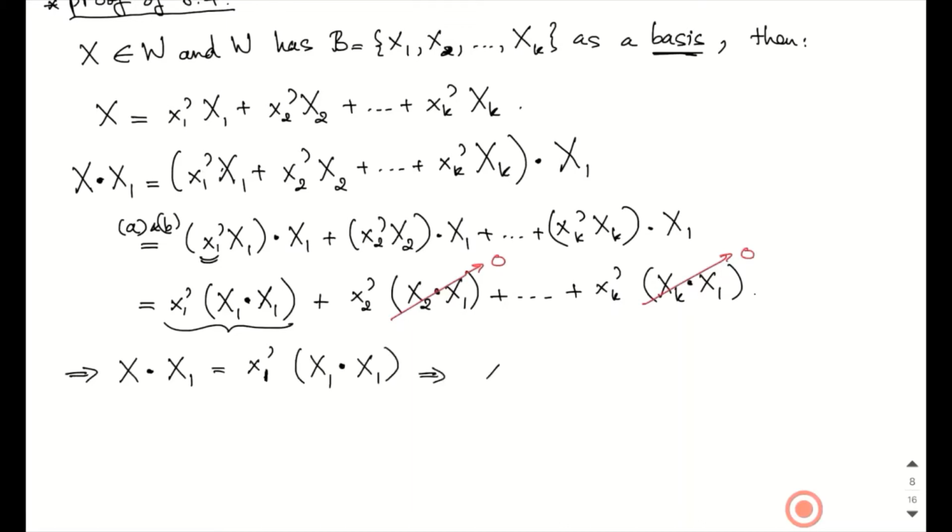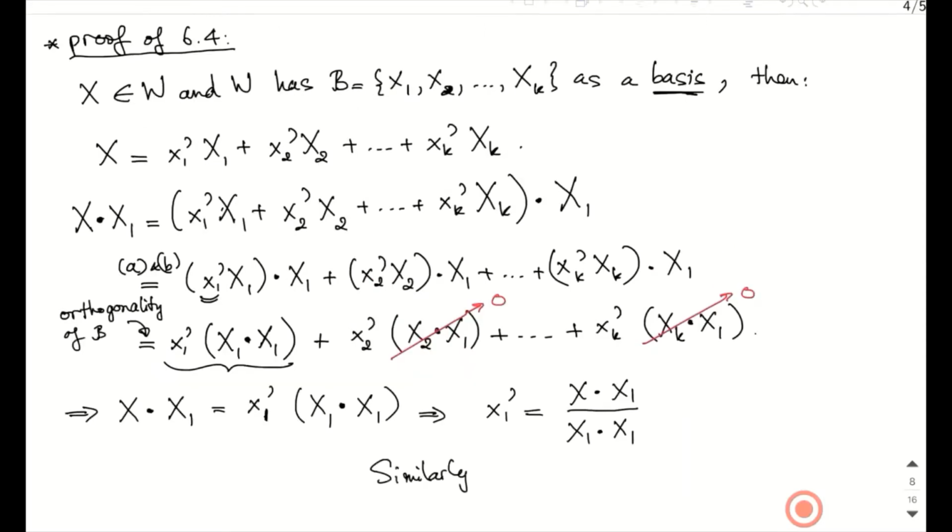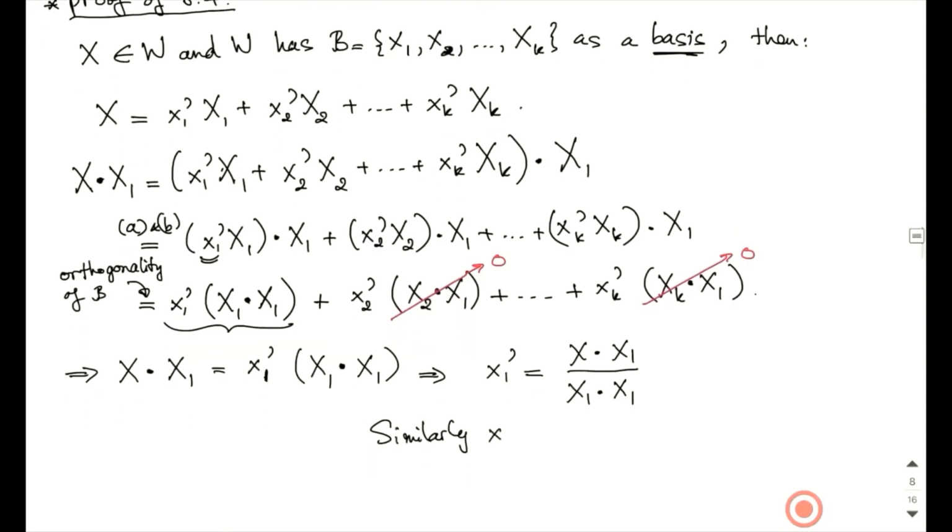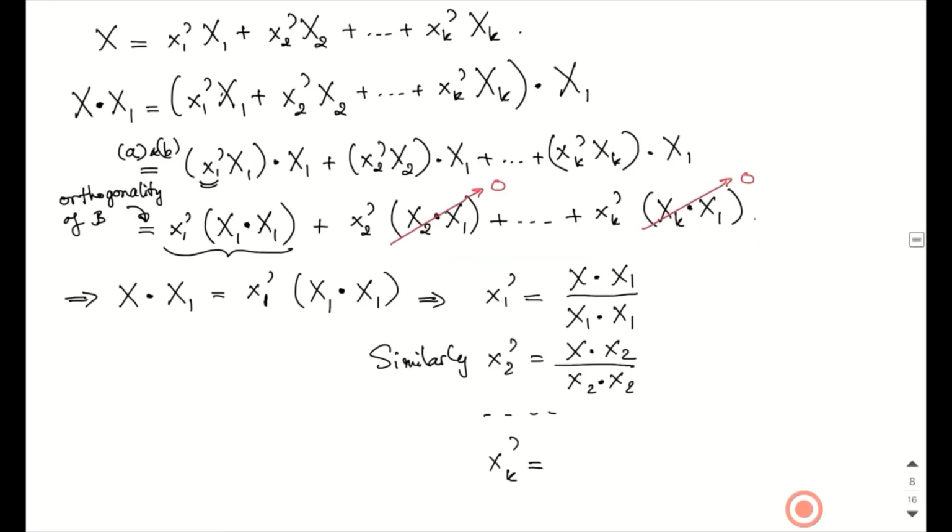And so by dividing, you have proven that the first coordinate is going to be x dot x1 divided by x1 dot x1. Similarly, we are going to have the same thing for x2. After k steps, we are going to get x dot xk over xk dot xk.